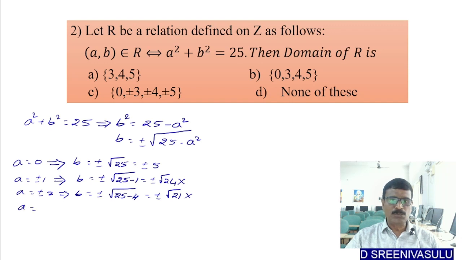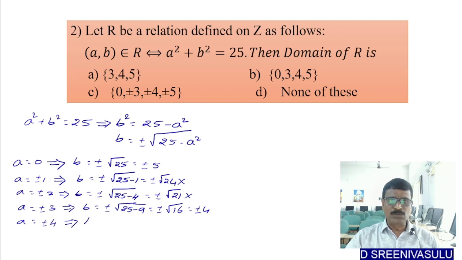A is equal to plus or minus 3. Then b is equal to plus or minus root of 25 minus a square. A square is equal to (plus or minus 3) whole square, 3 square is 9. This is equal to plus or minus root 16, which is plus or minus 4. Now a is equal to plus or minus 4.